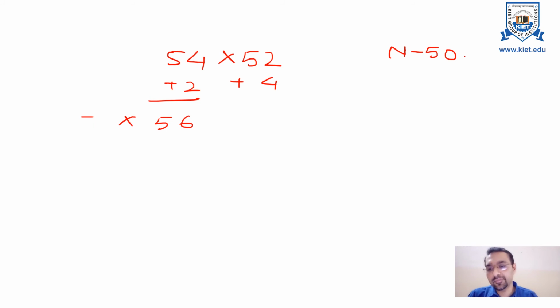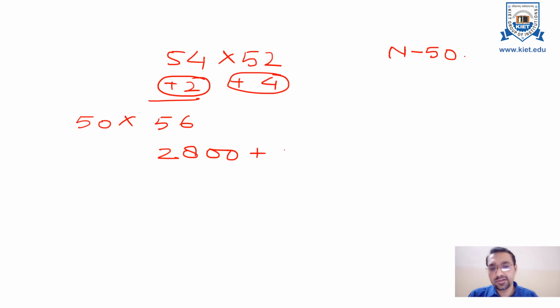Now multiply this number by 50, so you will get 2800. Now take the product of these two numbers, plus 2 and plus 4, so you will get 8. So your answer comes to be 2808. You can match with the calculator. The answer remains 2808.